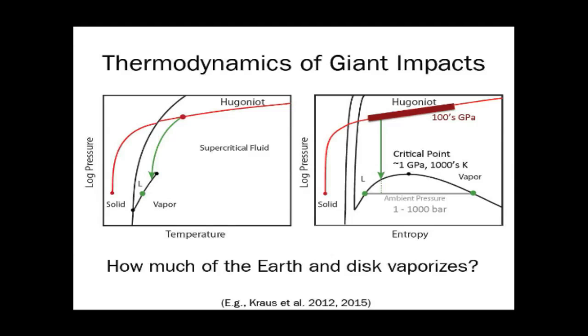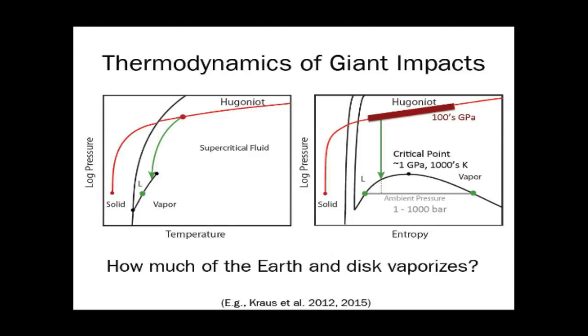And we have done lab experiments to be able to calculate how much vaporizes. And this requires high energy platforms like the big laser at Lawrence Livermore Lab. But we have now done experiments on different mantle phases so that we can tell you the shock conditions needed to vaporize these materials. And so this entropy-pressure plot helps us describe the state of material after the impact event and how much is vapor.